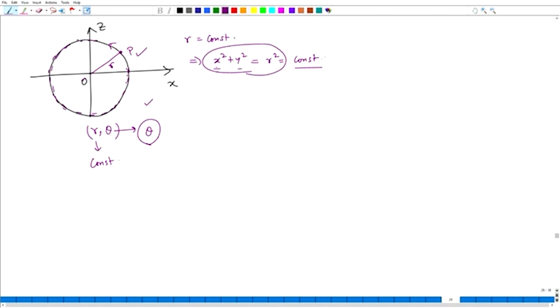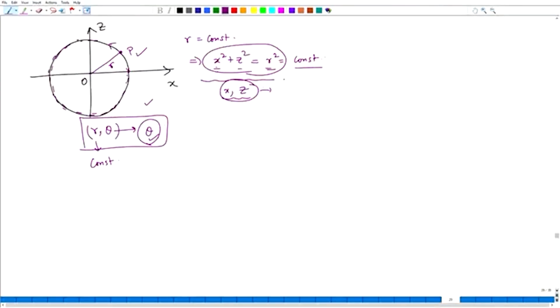And so, here in this system you will have x and z, sorry, I am just making this mistake, yeah, x and z. They are actually two variables, but related by this constraint, whereas in this coordinate system you just have only one meaningful coordinate, this is theta.